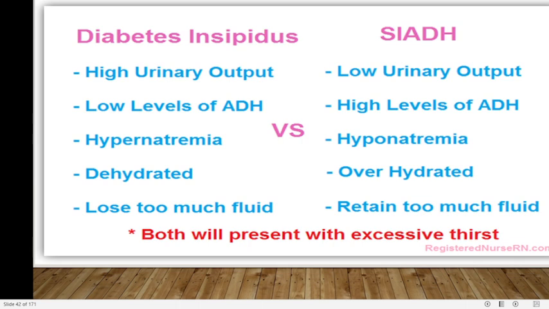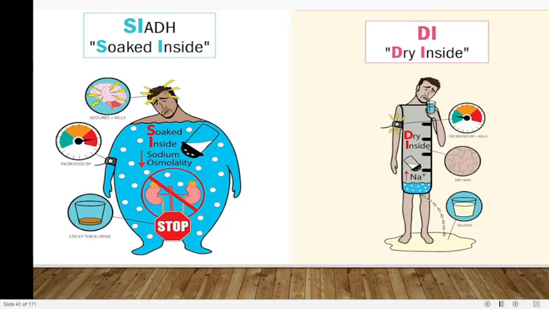Ladies and gentlemen, it's good to have at least 5 differences between diabetes insipidus and syndrome of inappropriate ADH production. These are further explanation of what you need to expect of the two diseases. One is soaked inside, that is, inside has more fluids.